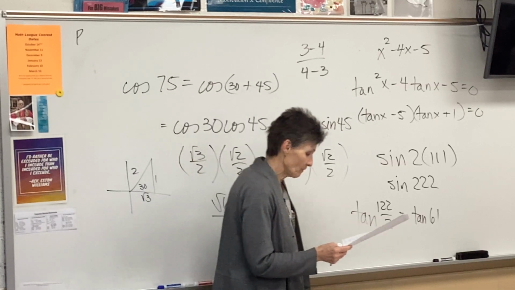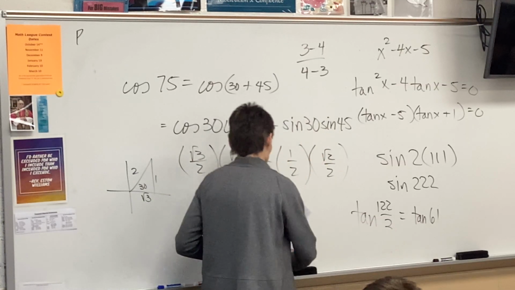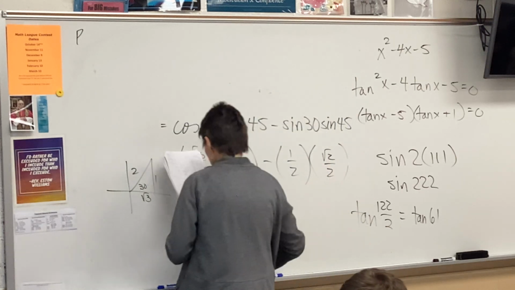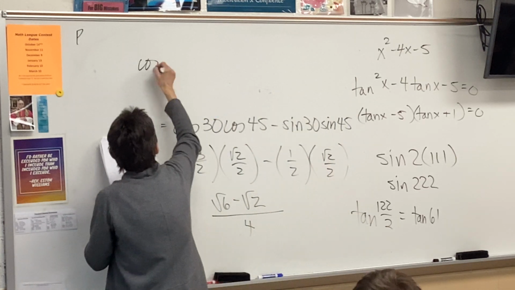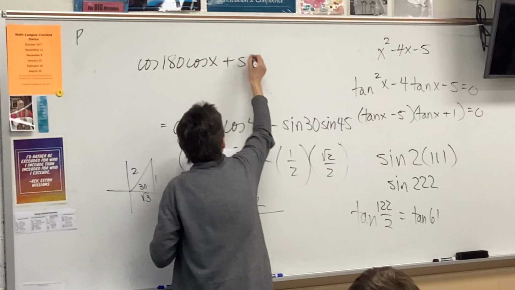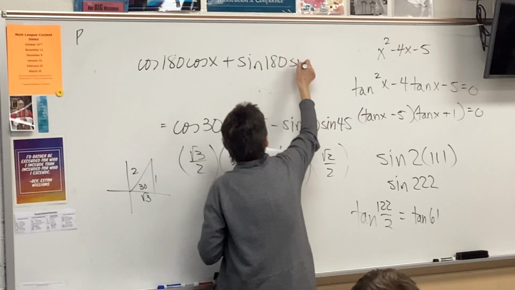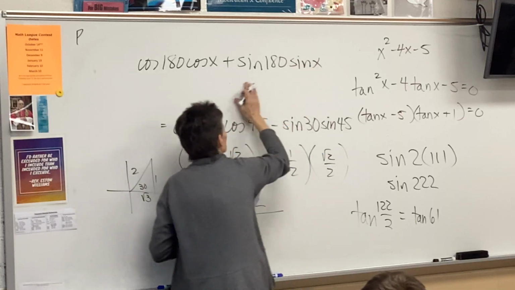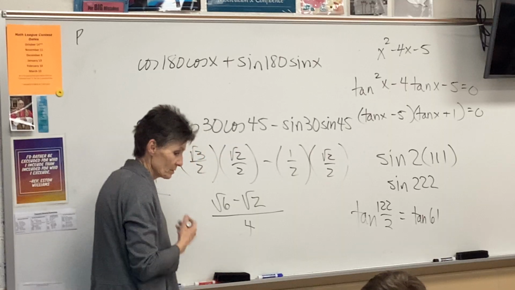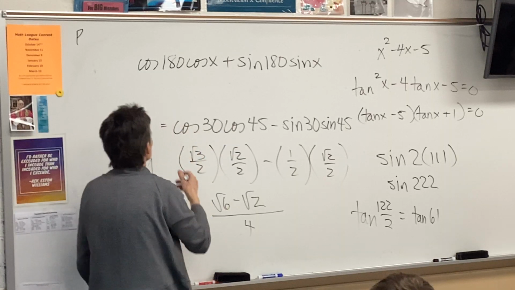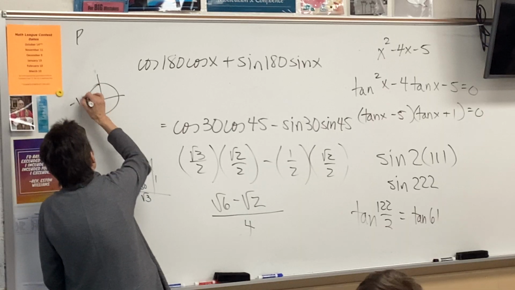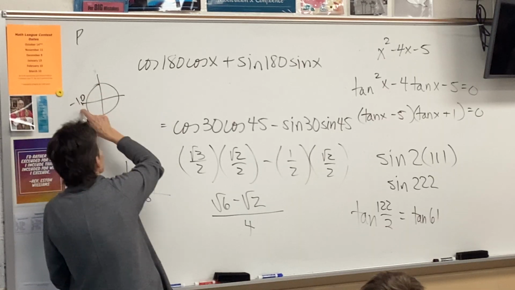What's my strategy for 5? You want to spread it out. So cosine of 180 plus x, it was on your quiz. It's actually the same one. So 180 is over here.